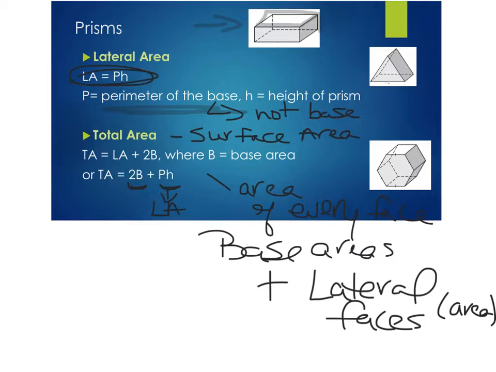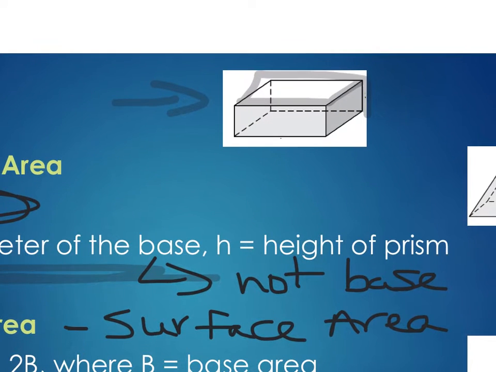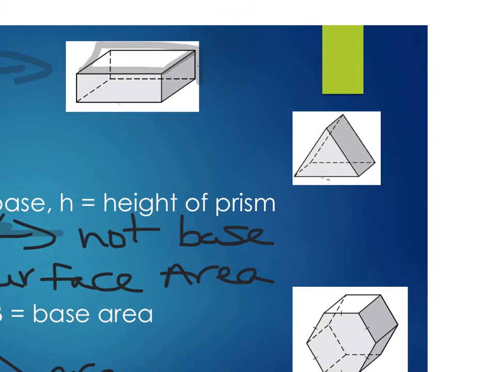Now, when you're doing this one, it really doesn't matter which one you decide is the top and the bottom, because all of your bases are rectangles. However, in the triangular prism, it matters. The base of this one is the triangle. So you have 2 triangle faces and then 3 rectangle or 3 parallelogram faces that you would find the areas of to get total surface area.